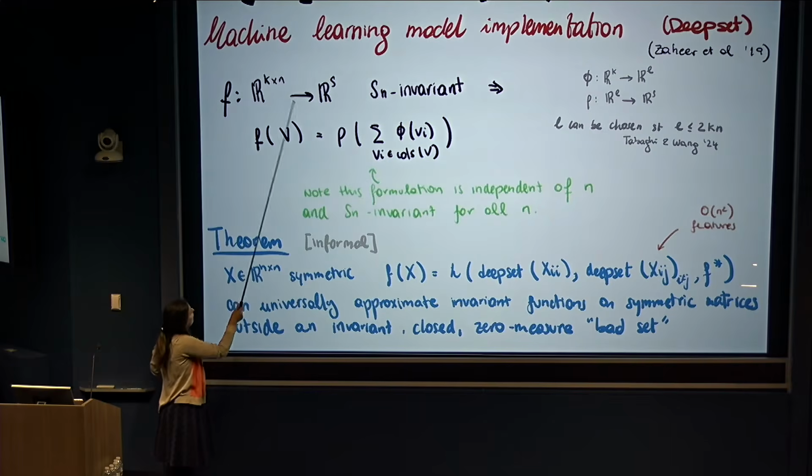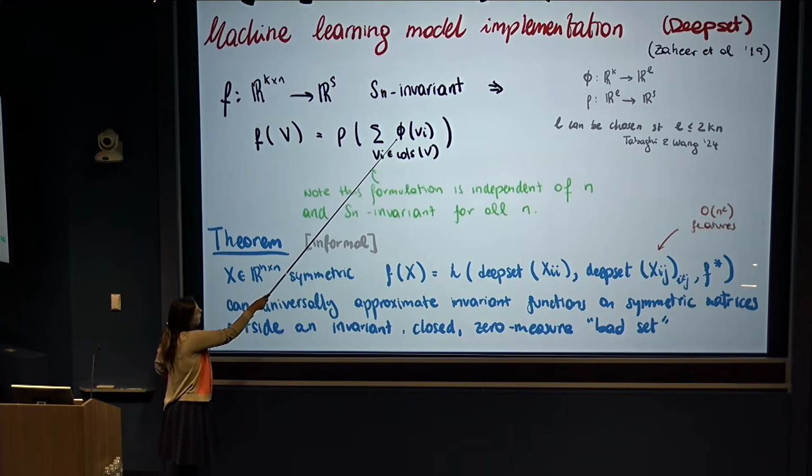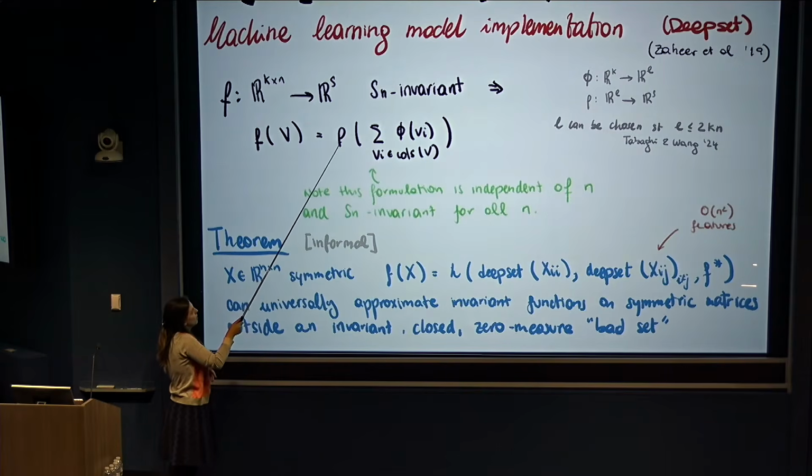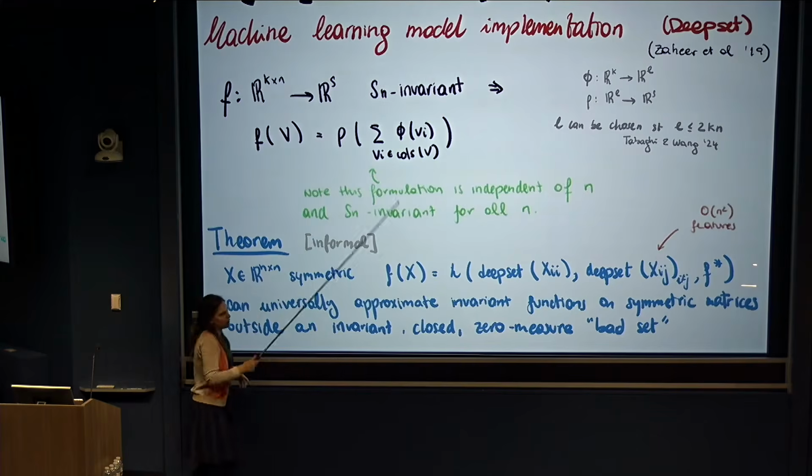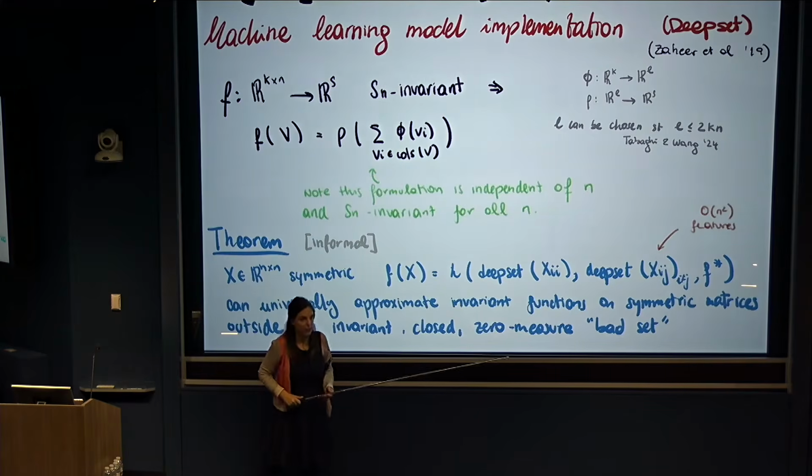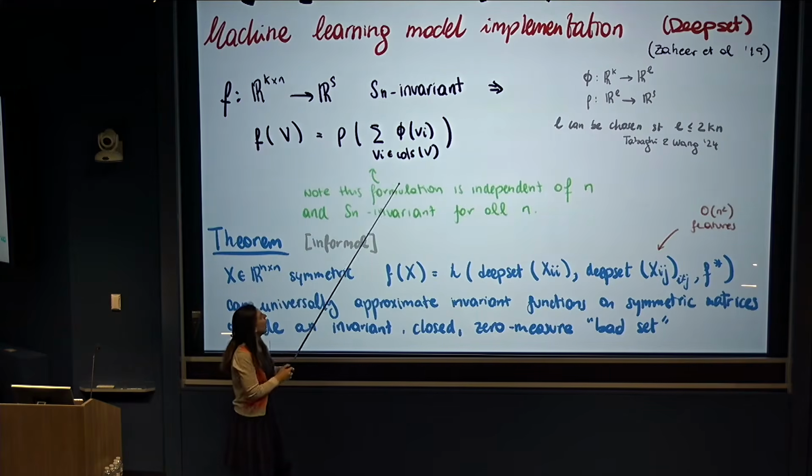You have a function phi that takes each of the columns of your matrix and embeds it into a higher dimensional space. And then your function is going to be the aggregation of the sum of these embeddings of your columns. And there are some theorems that tell you what dimension you need here in order for this to be expressive.